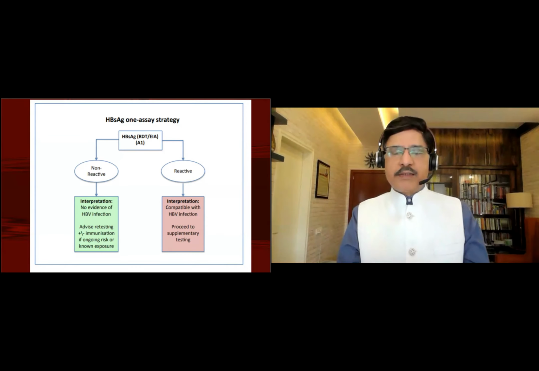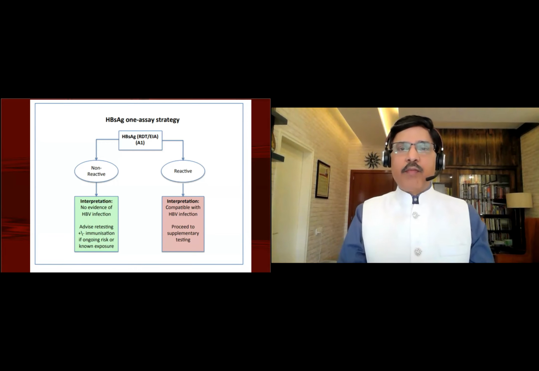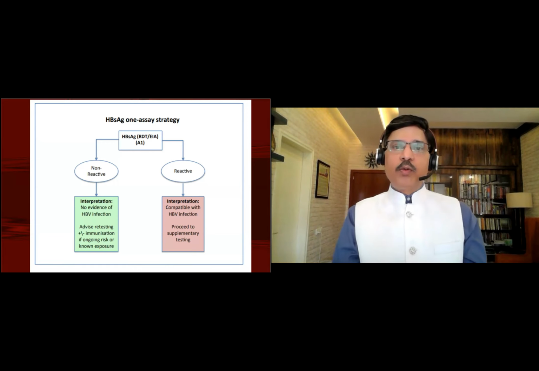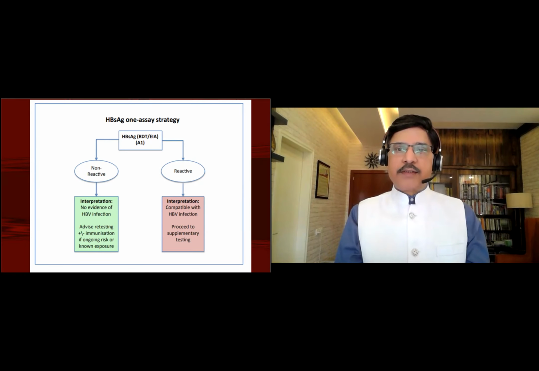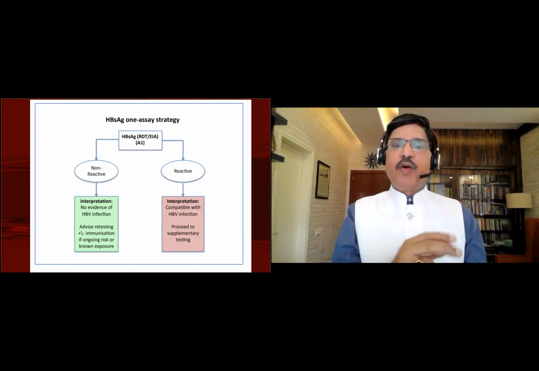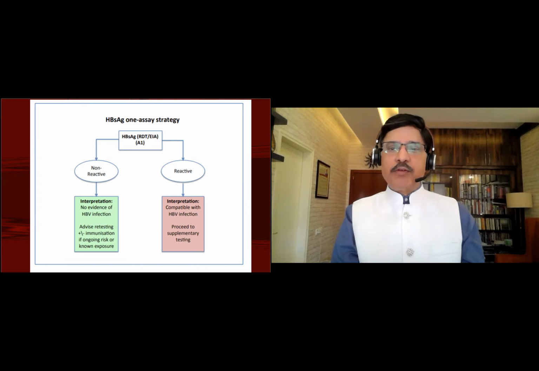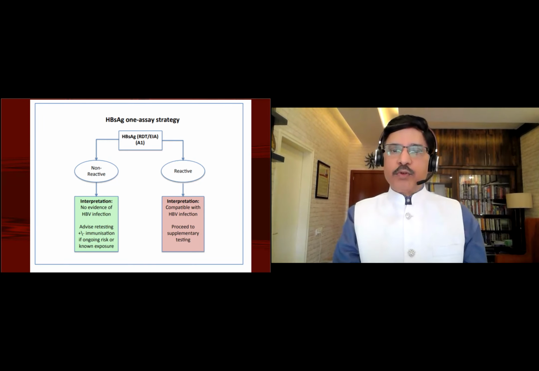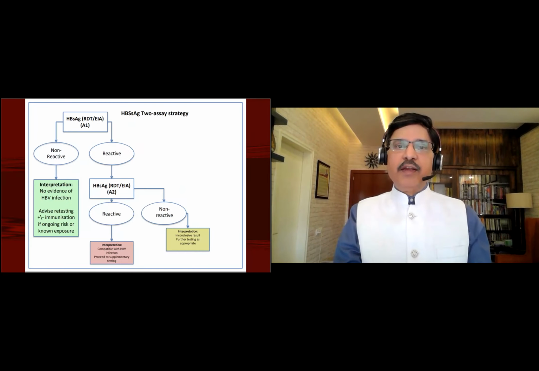Now, if somebody is reactive, then you have to confirm the disease. All of us do not do that. Today's recommendation is, if HBs antigen is positive, it doesn't mean he is firmly positive. You have to do a second test to confirm the positivity, compatible with HBV infection, and then proceed to supplementary testing. What do I do?